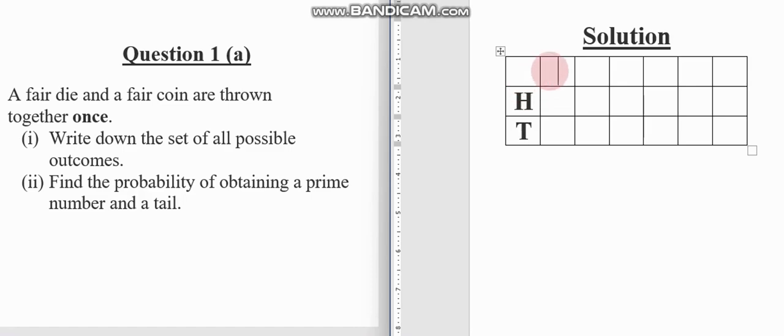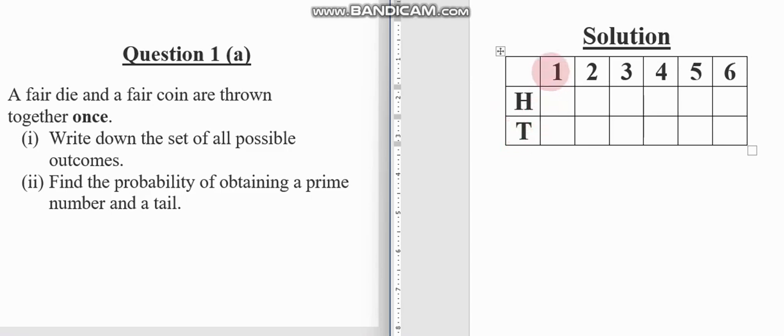Then at the top here you count the possible outcomes for the fair die. The die has 6 possible outcomes, so you leave the first space empty and then start from here: 1, 2, 3, 4, 5, 6. So we've gotten our fair die and the fair coin.